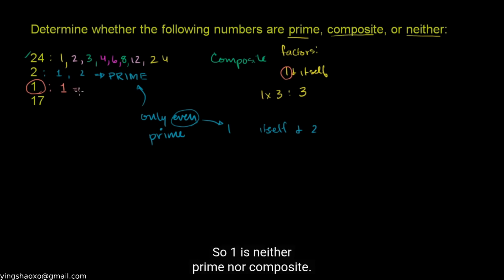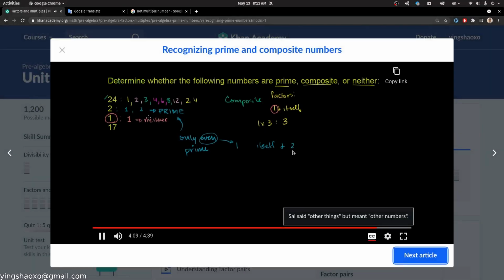So 1 is neither prime nor composite. A composite number is a number that has 1 as a factor and also has itself as a factor and also has some other numbers as factors. So that's how they define the composite.